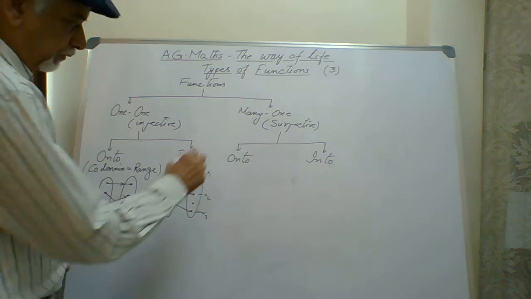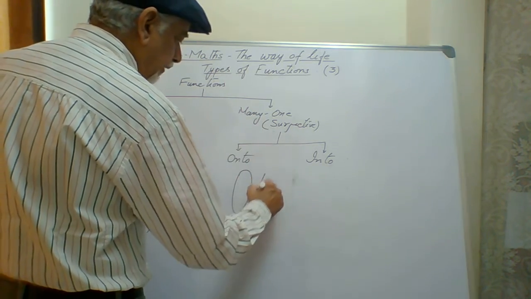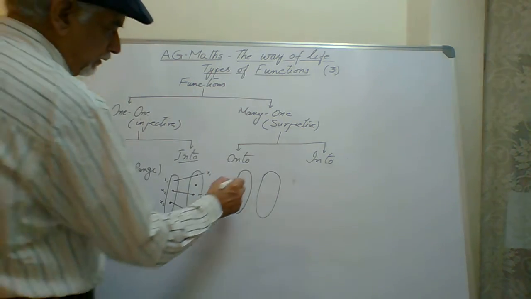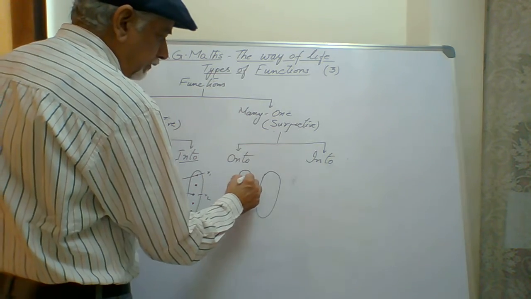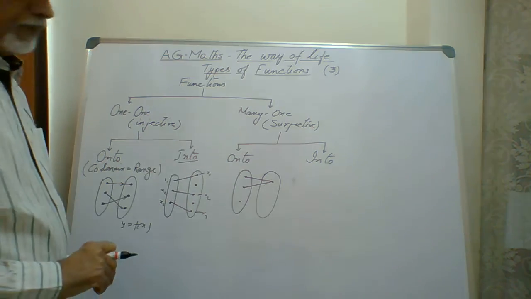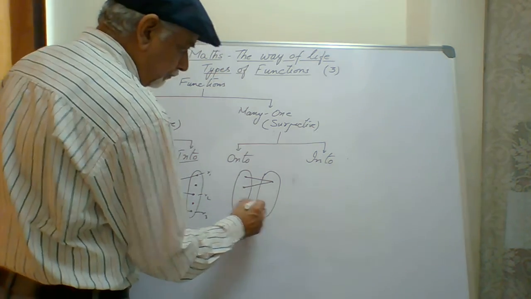Similarly, when we look into many-one onto, we will again have two sets, and we may have three elements. These two elements are connected to one because this gives me many-one, and this is connected to one element.